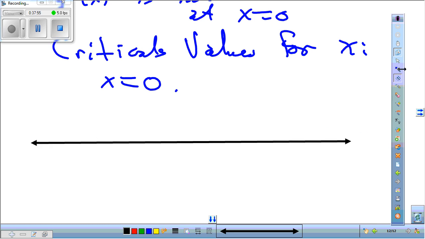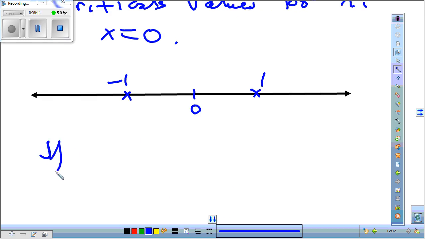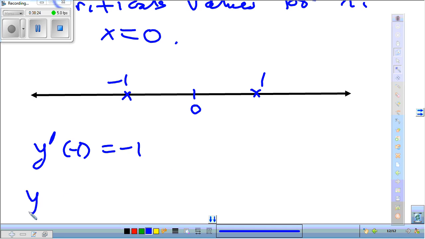So we'll do our first derivative test. So we have a 0. We need test values. So let's take -1 and 1. And so if we do the derivative, at -1, it actually is -1. It's -1 everywhere less than 0. If we take the derivative at +1, that's the part where it's always 1. So it's negative and then positive.